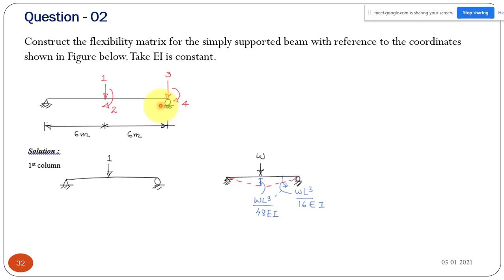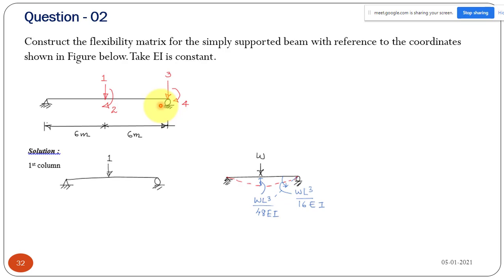The remaining thing is very simple. You have to remember you have a flexibility matrix, and that will be a square symmetric matrix. Elements of the flexibility matrix are known as flexibility coefficients, and these are nothing but displacements, not forces. If you have 3 coordinates in the problem, your matrix will be 3 by 3. If you have 4 coordinates, your matrix will be 4 by 4.